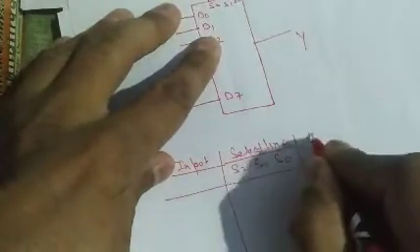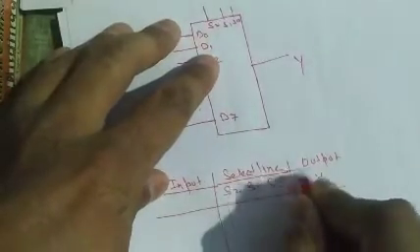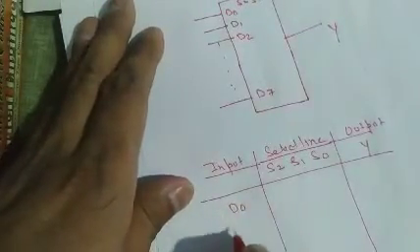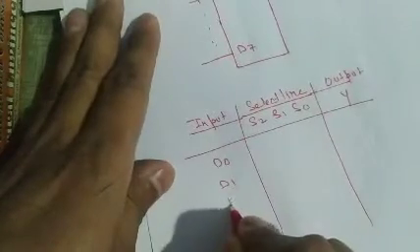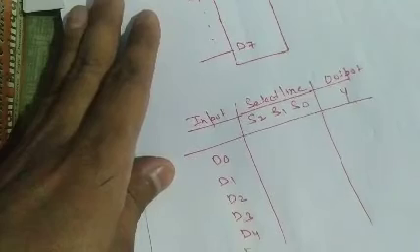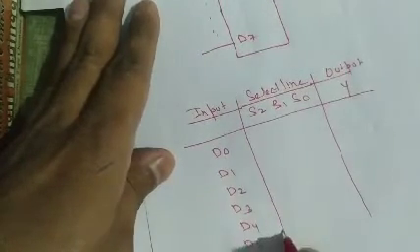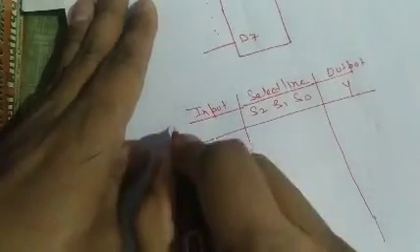And output, which is only one, that is Y. So the inputs are D0 to D7: D0, D1, D2, D3, D4, D5, D6 and D7.